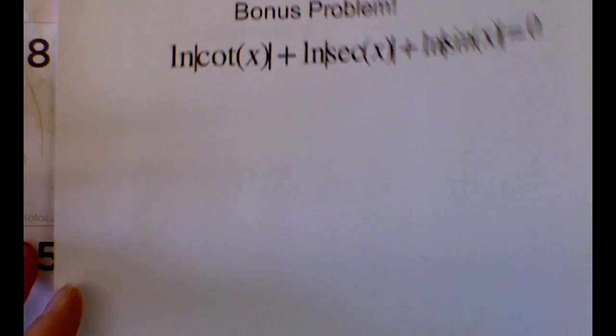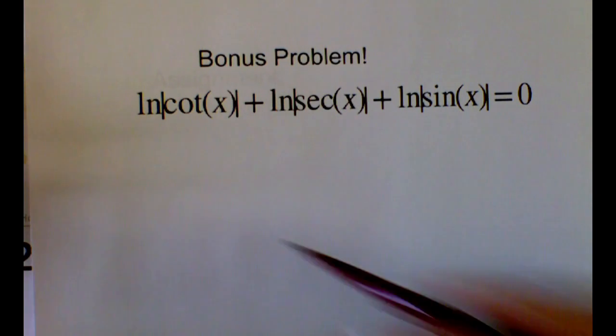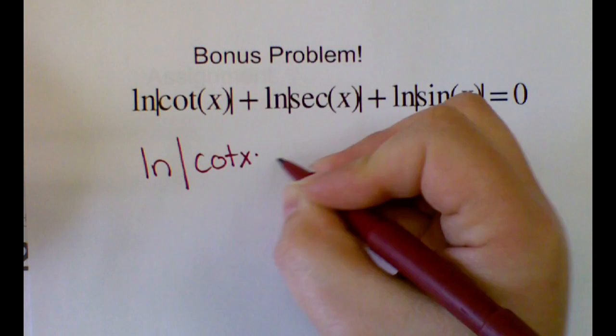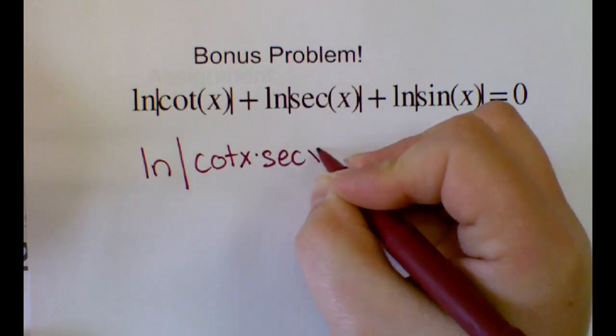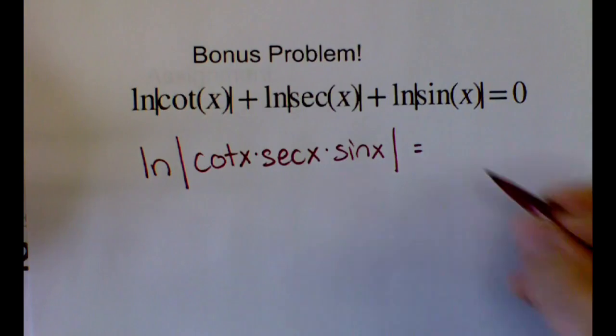And I have one extra bonus problem. This problem deals with ln's. Remember that ln's added together means I can multiply them. So I can actually take cotangent times secant times sine. And that's going to equal 0.